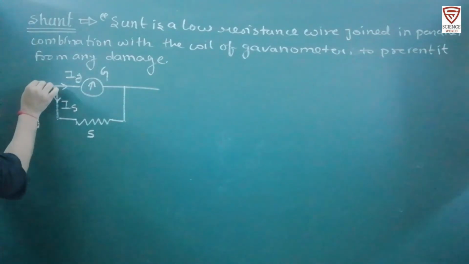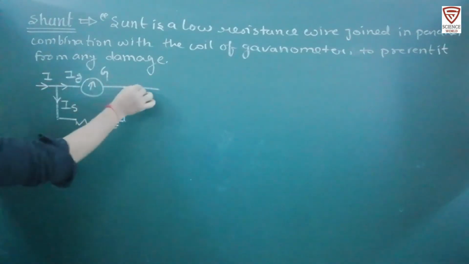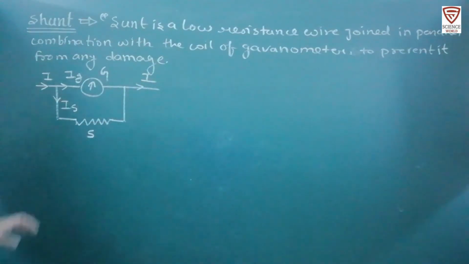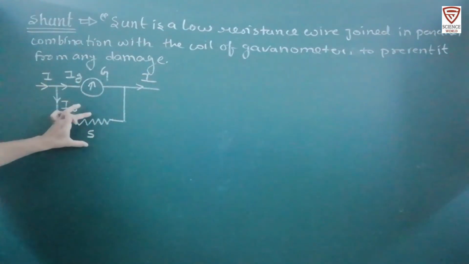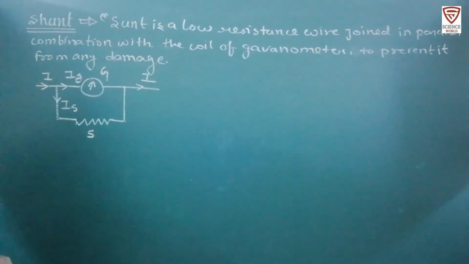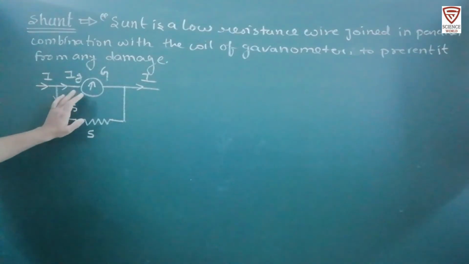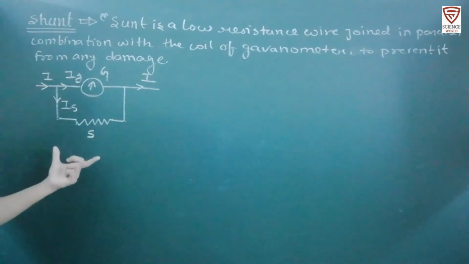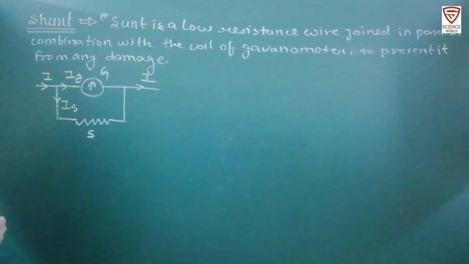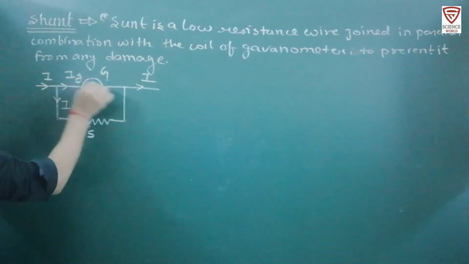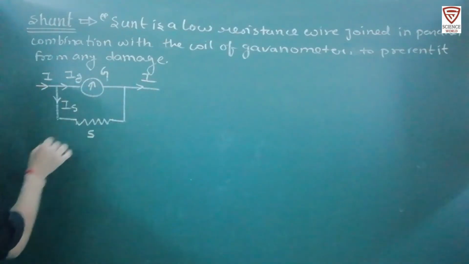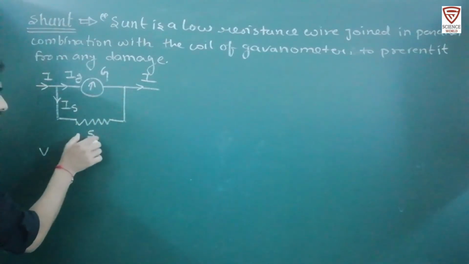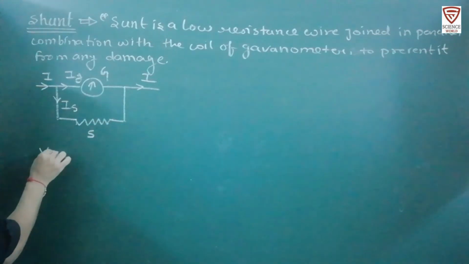So suppose total current is I. We can see here that galvanometer and shunt are joined in parallel combination, and in parallel combination potential difference across all the resistances is the same. So potential difference across this galvanometer will be V, and potential difference across this shunt will also be V.